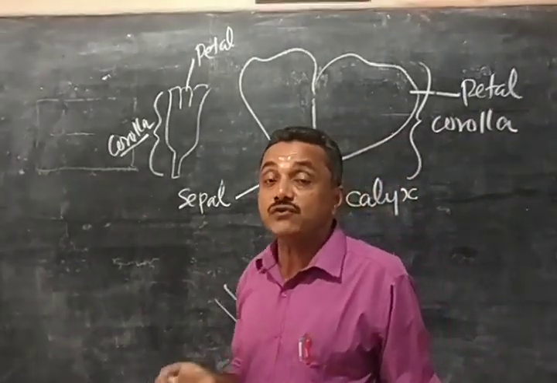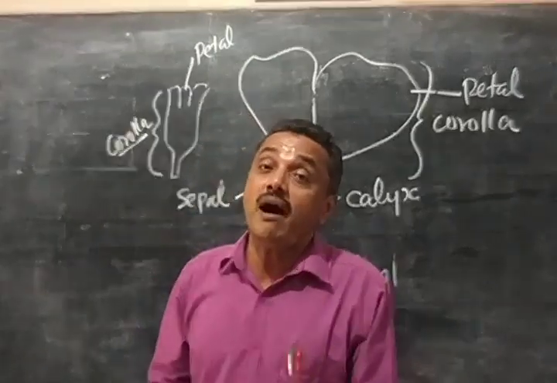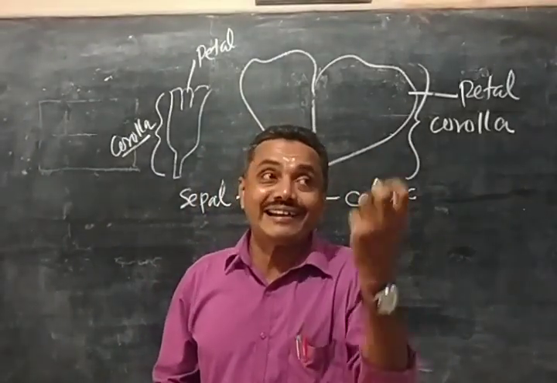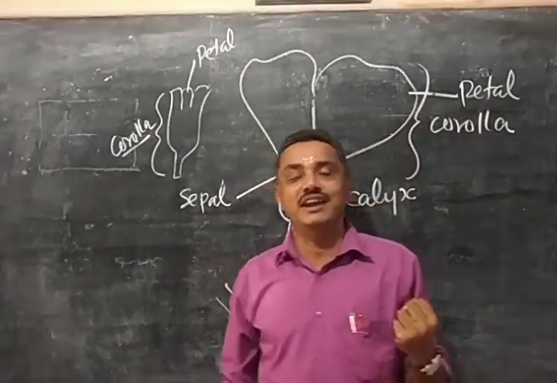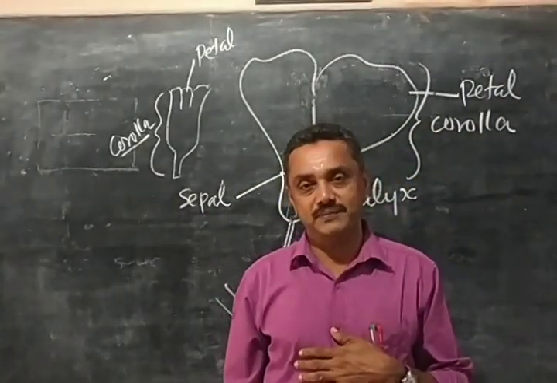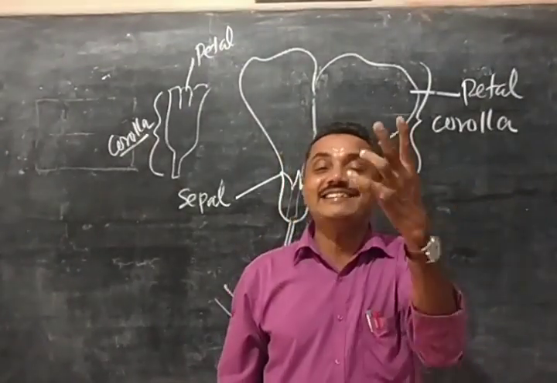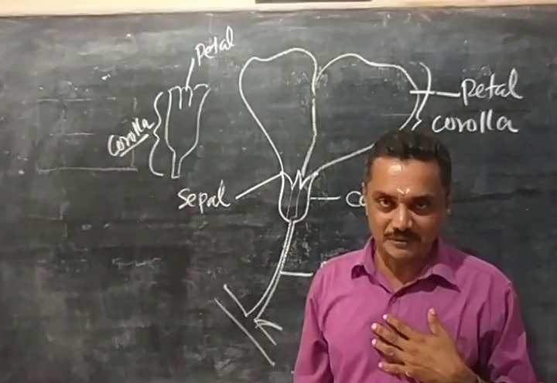And what is the function of corolla? This colored part, what may be its function? Attracting the insect for pollination. It attracts the insect for pollination, through color and smell.